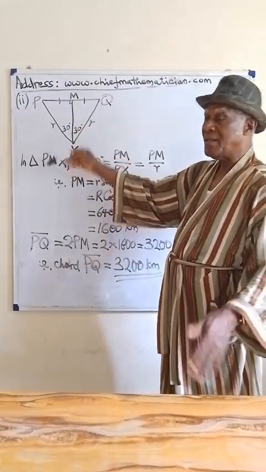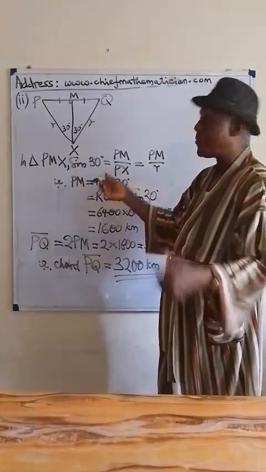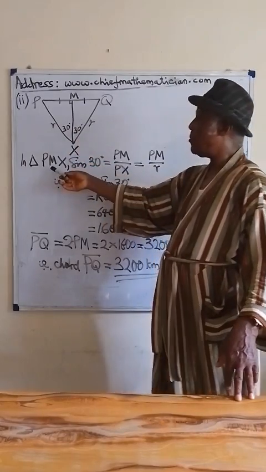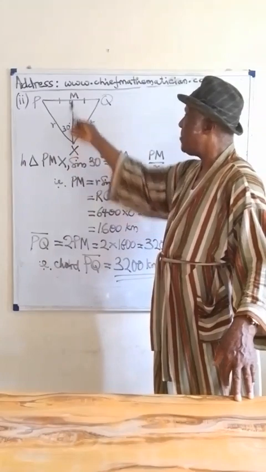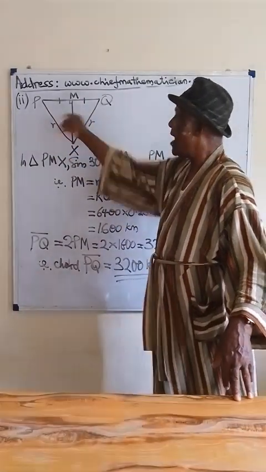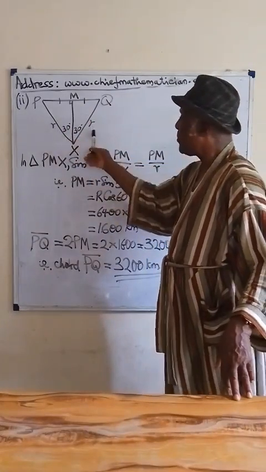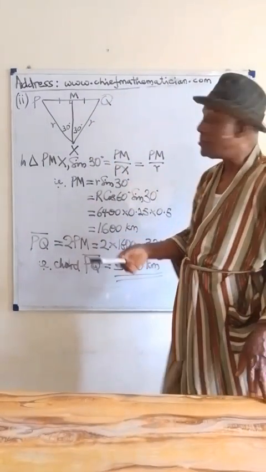So in triangle PMX, which is right angled at this point, PM is equal to QM because R is equal to R. The triangle PQX is an isosceles triangle.